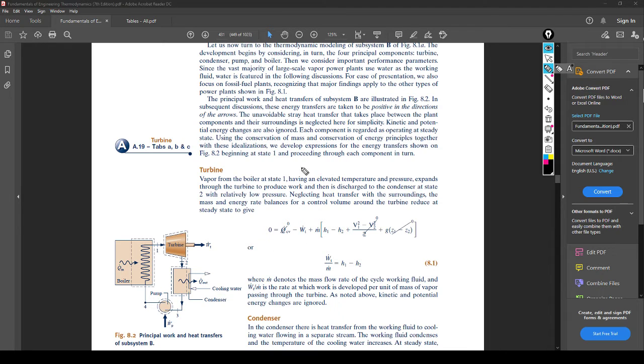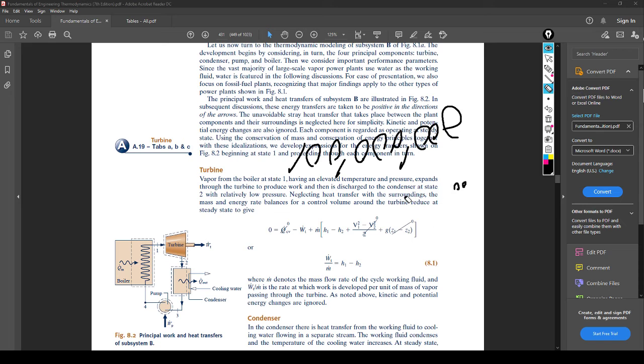So for example, let's say I had 100 million as work and the heat is 1,000. Yes, this is there, but it's very small relative to that.